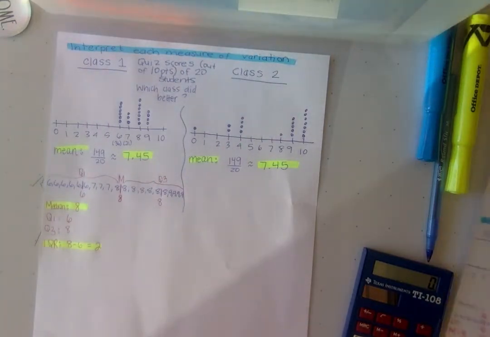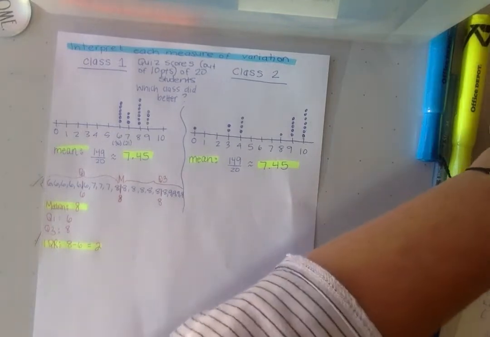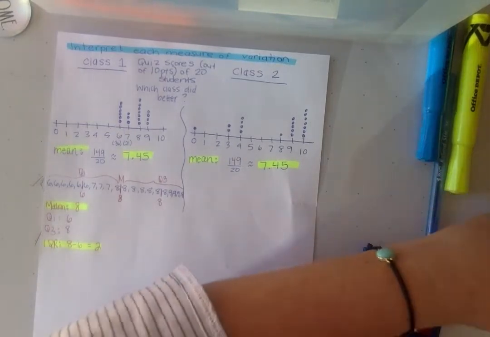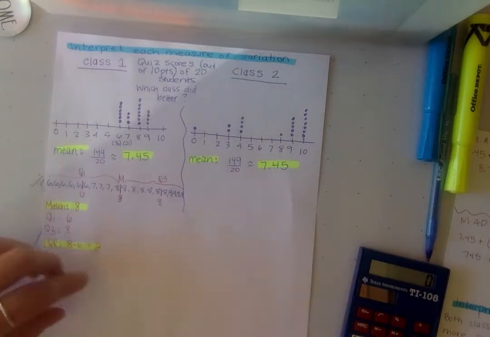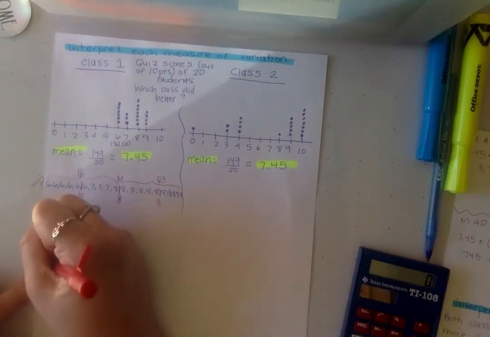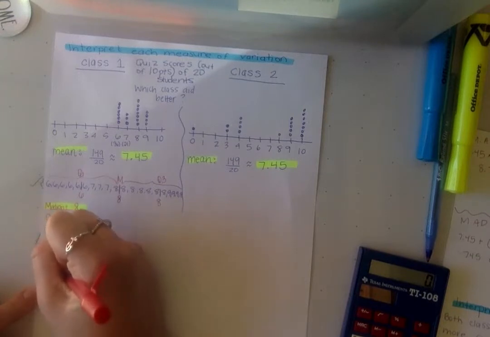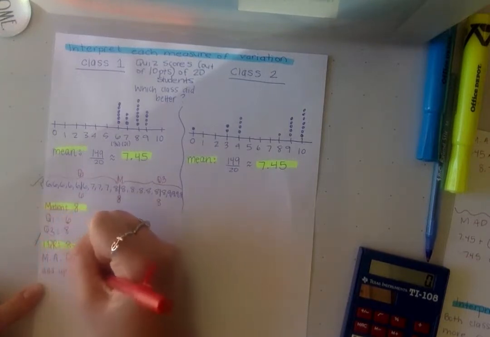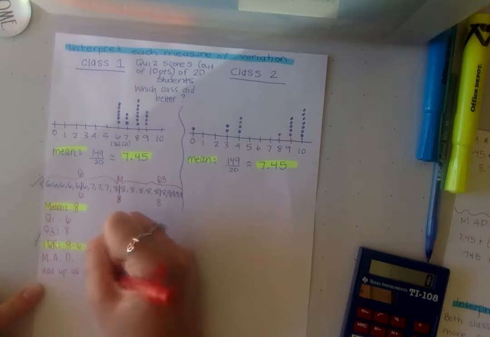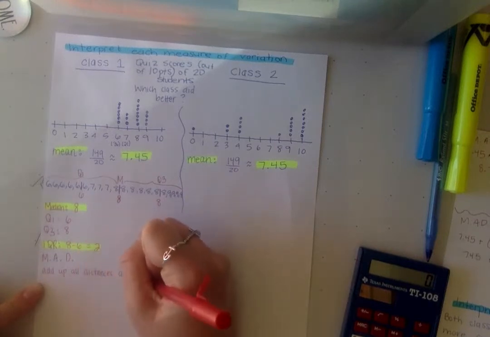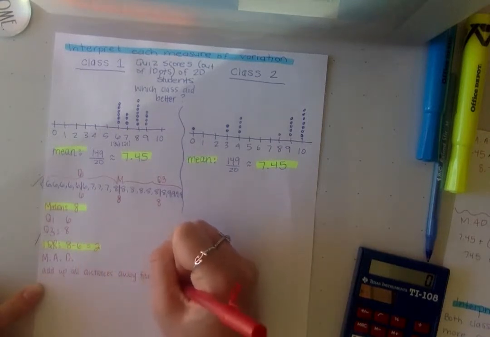our MAD now. So what I need to do here for my MAD is add up all distances away from my mean.